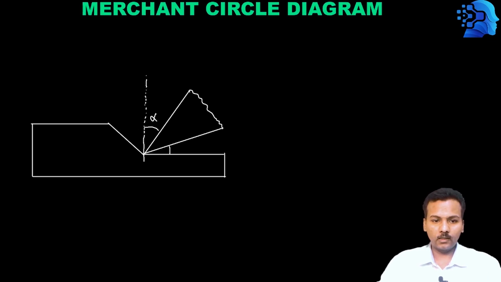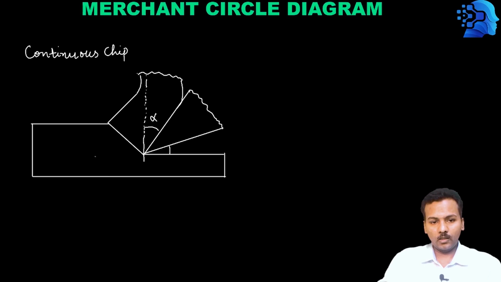Now let the chip be formed here at the shear plane, and this chip is flowing with a constant velocity of Vc. So this is a continuous chip. The shear plane is inclined to the finished surface at an angle of phi.